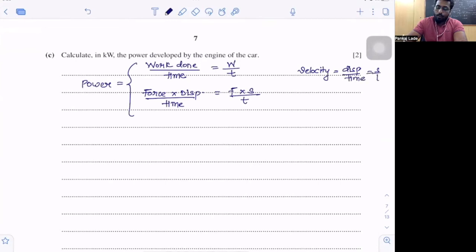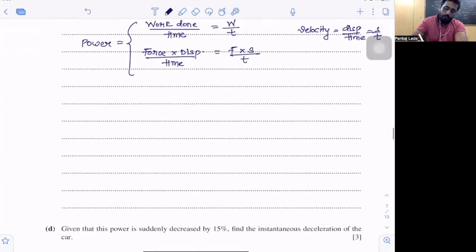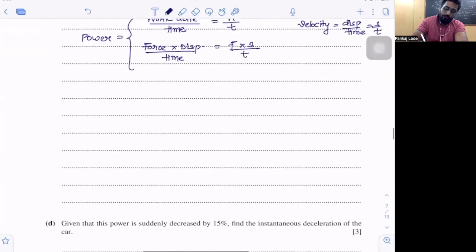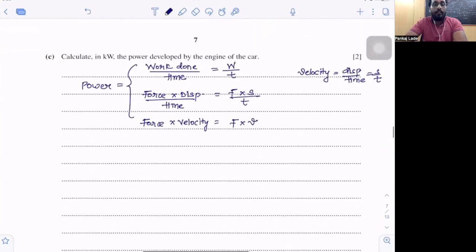That's S upon T. So I can have the third formula as force into velocity. Here the force is the driving force, students. So this is F into velocity. These are the formulas for finding the power.